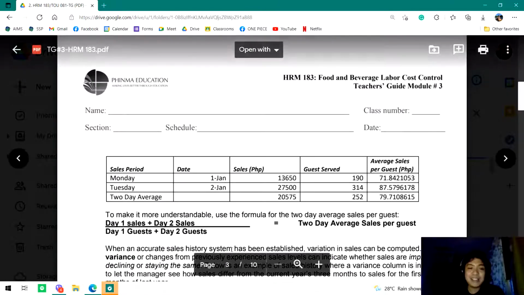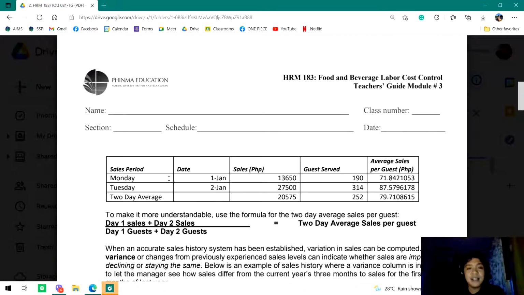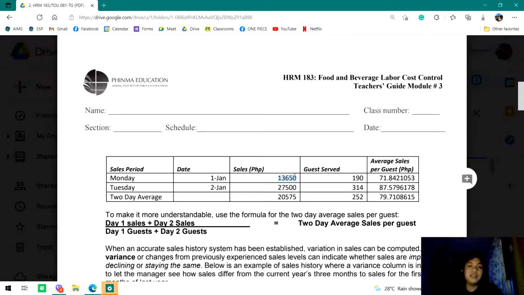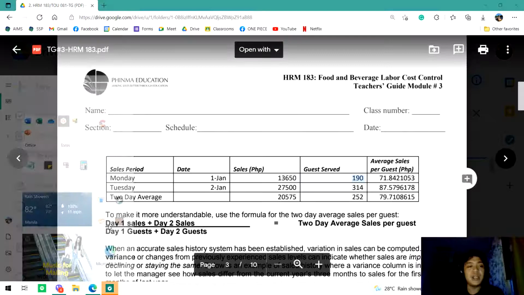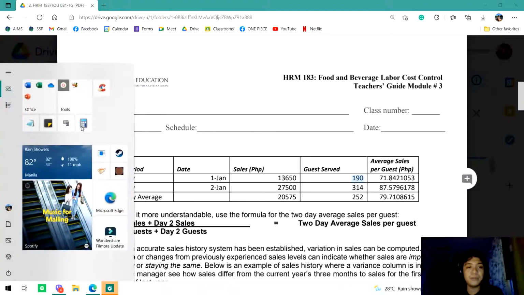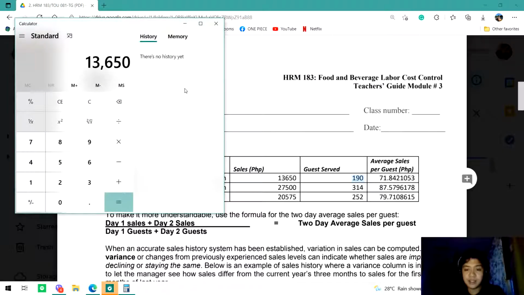Now, to make it more understandable, use the formula for the 2-day average sales per guest. So, ang sales natin, let's say for example, the sales that we have for Monday is 13,650 and the guests that you have served is 190. So, with that being said, let's try to compute 13,650 divided by 190.